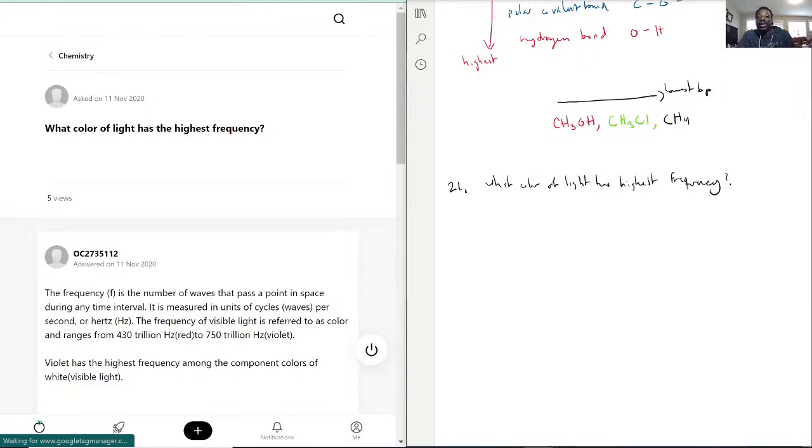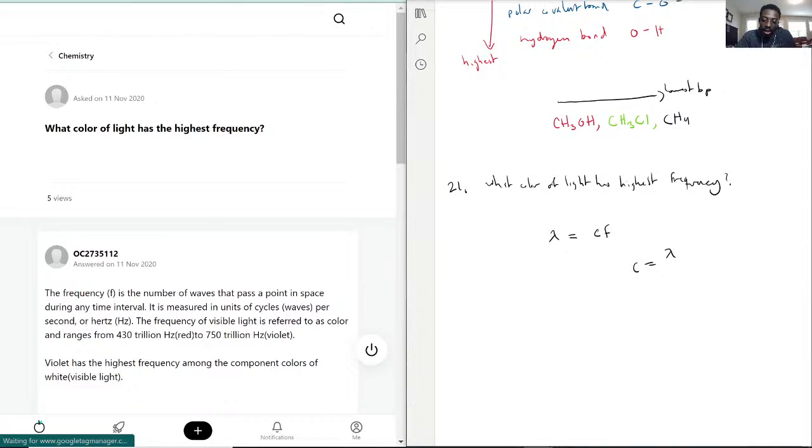Okay, so for this type of question, to find out which color of light has the highest frequency, you need to be familiar with the actual formula. Wavelength, if I remember correctly, is equal to c times f.